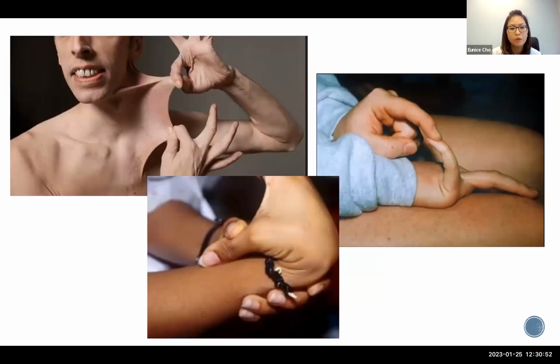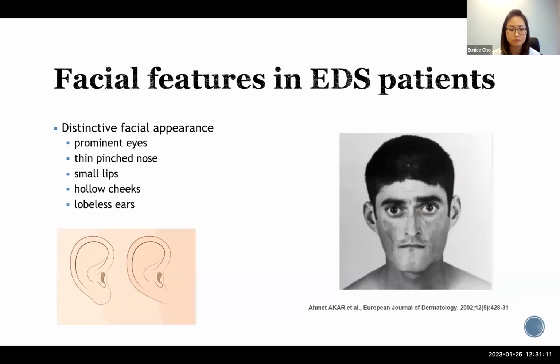These are some pictures of patients who have EDS, showing the hyperextensibility of the skin and the joints, as you can see in the flexibility of the thumb and the pinky. I'm going to go over in a little more detail how to diagnose someone with hypermobility based on these pictures.